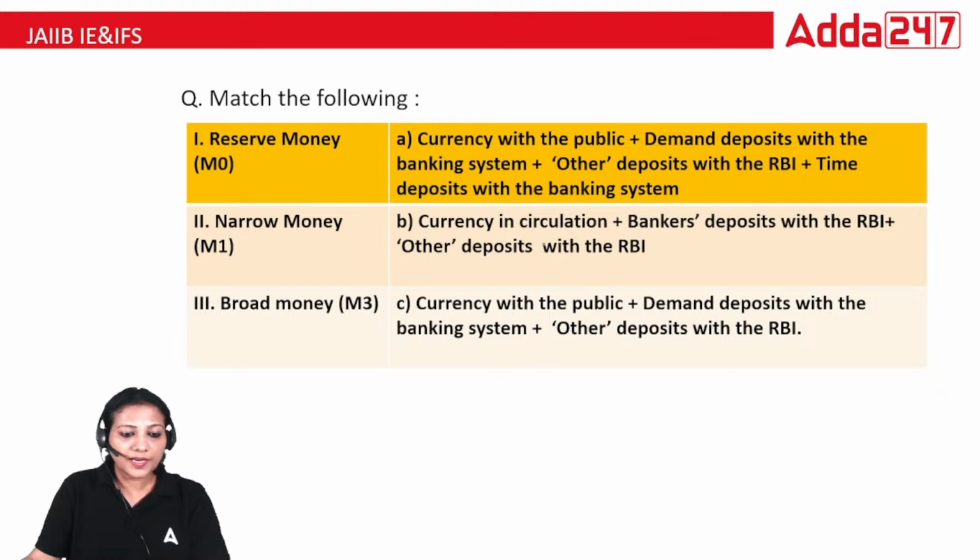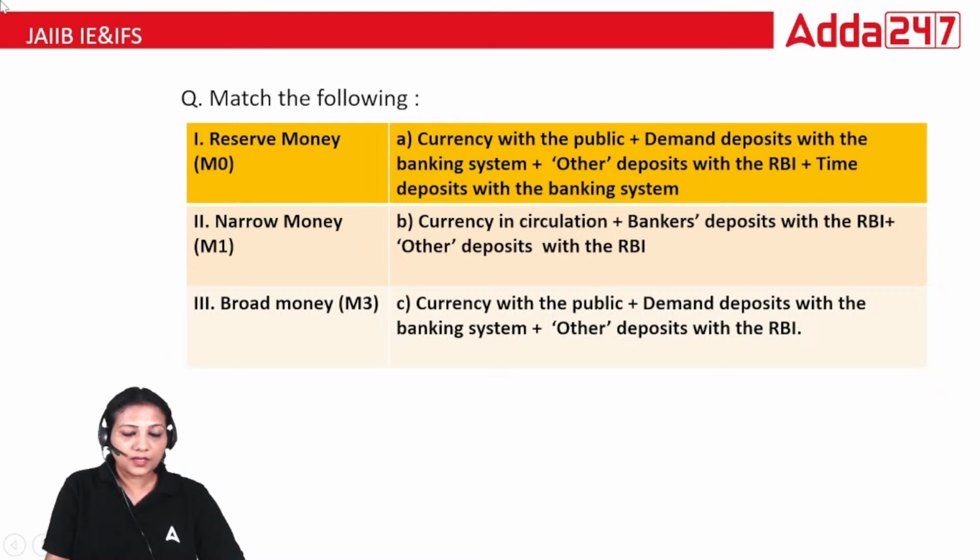On the right side, we have currency with public, demand deposit with the banking system, plus other deposit with the RBI, plus time deposit with the banking system. Currency in circulation, bankers deposit with the RBI, other deposit with the RBI. Currency with the public, demand deposit with the banking system, plus other deposit with the RBI. As I told you, this is an important topic for your exam, money supply.